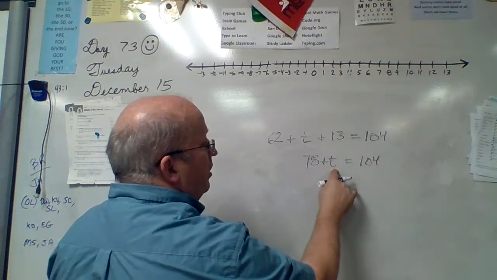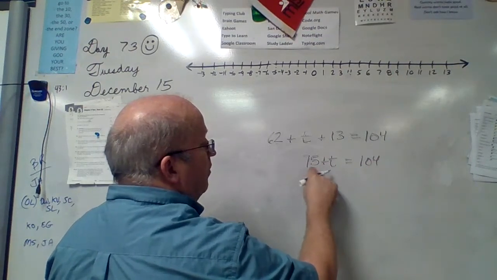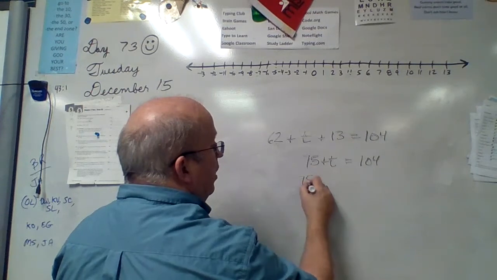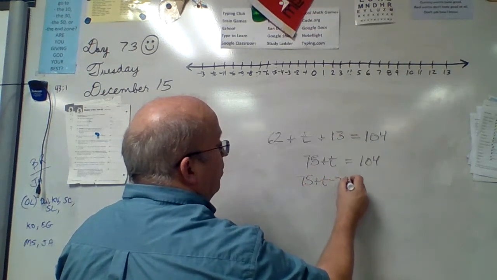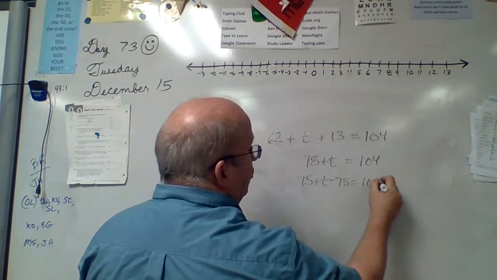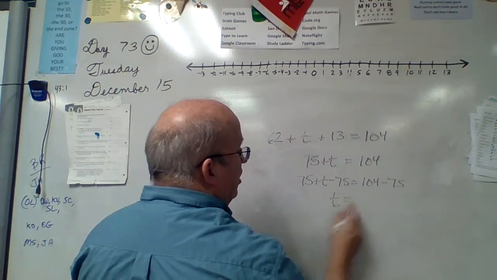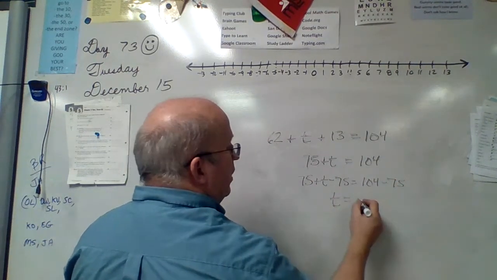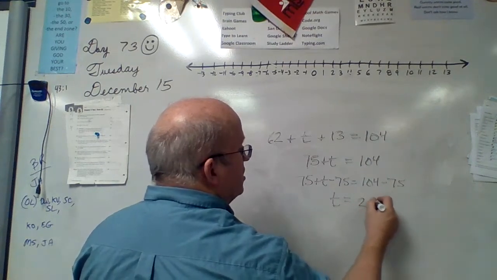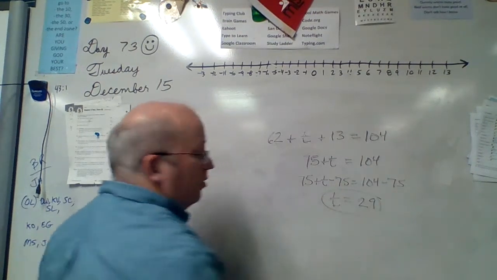Then, to get t by itself, I would do the opposite of adding 75. I would subtract 75 from both sides of the equation. And when I do that, I get my t all by itself, and I get an answer of 29. T is equal to 29.